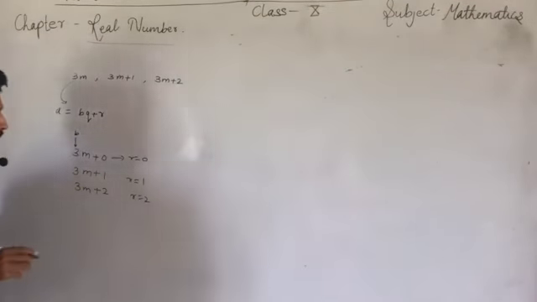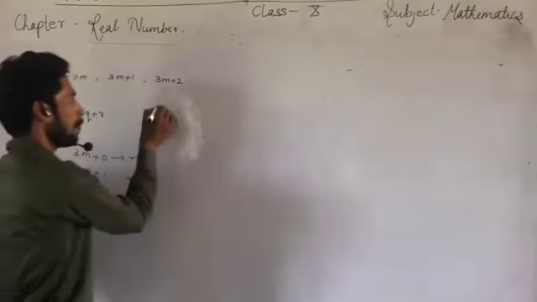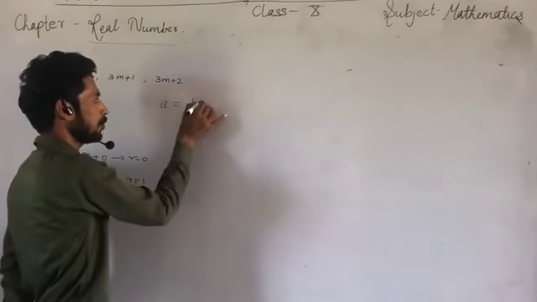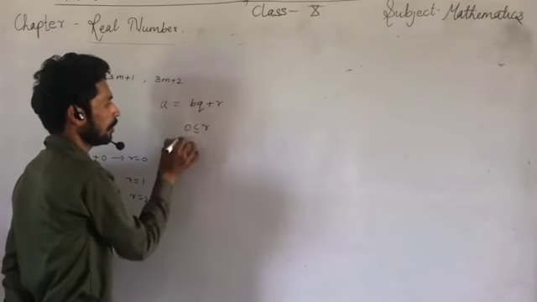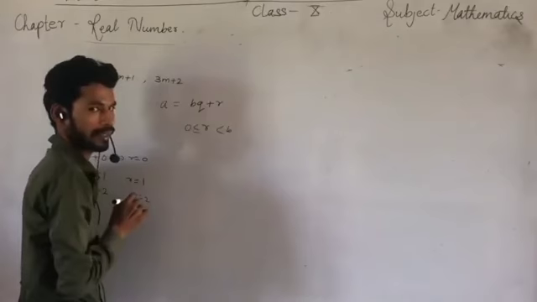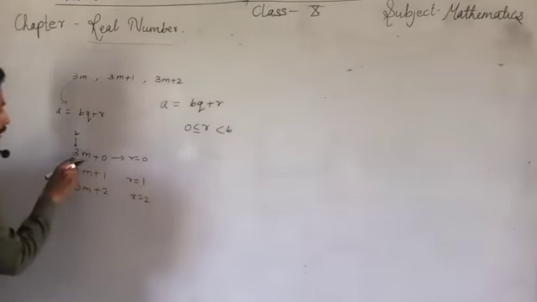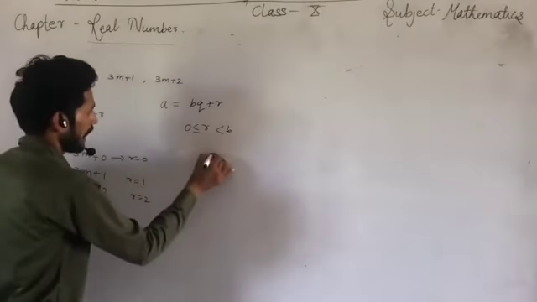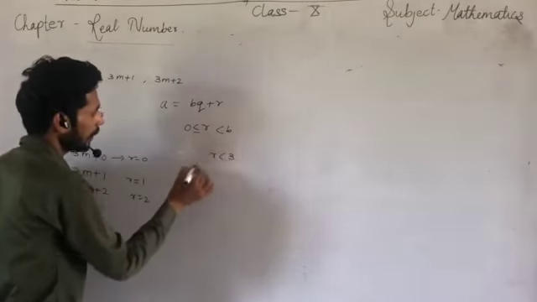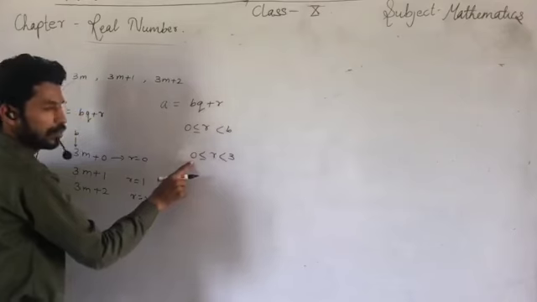So, what is the value of R? When we write A equals BQ plus R, R will be greater than or equal to 0 but less than B. That means if 3 is written here, R will be less than 3 but greater than or equal to 0.